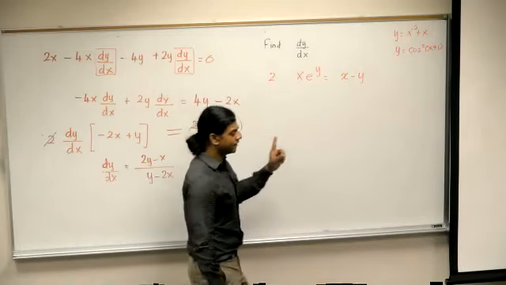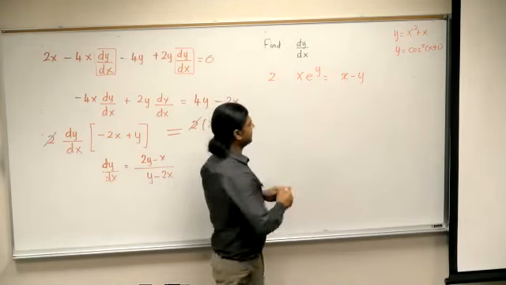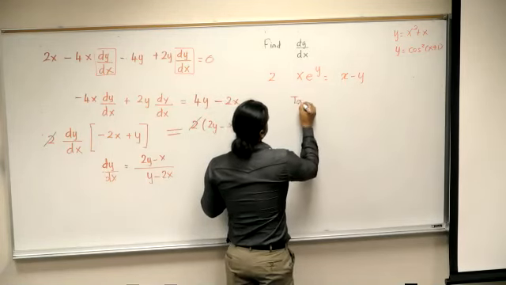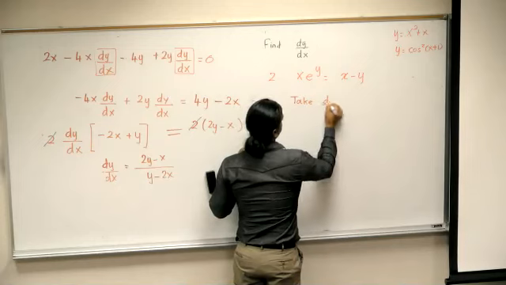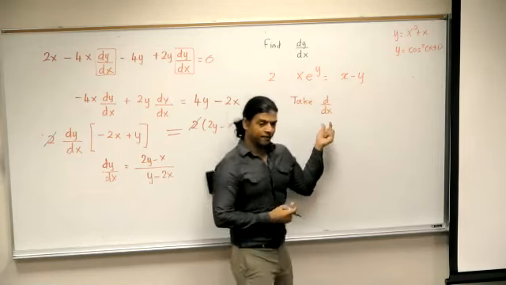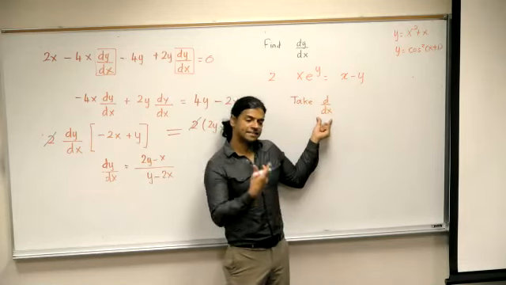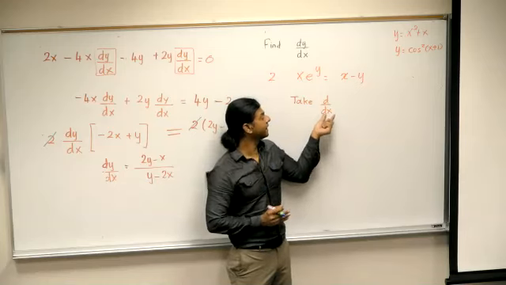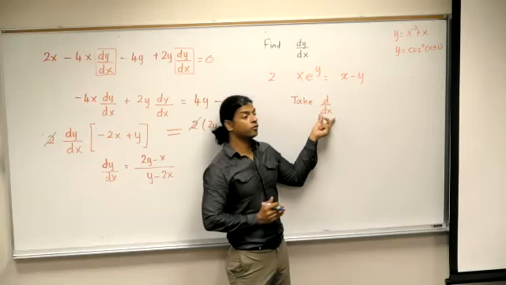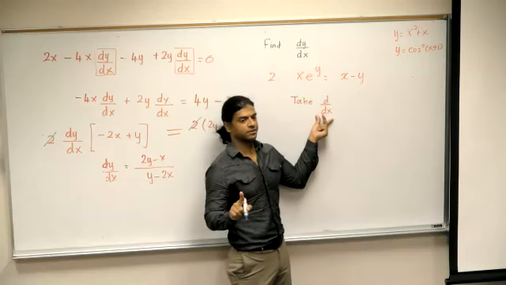One thing that I noticed as I went around, you have to take the derivative on both sides. When I said take derivative on both sides, I'm simply writing d over dx, not dy over dx.